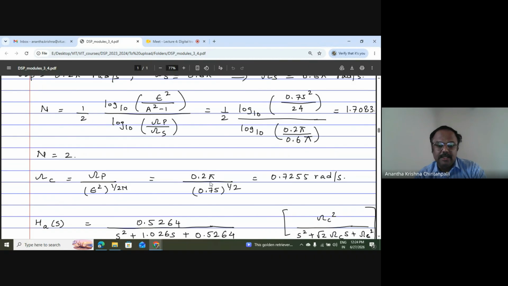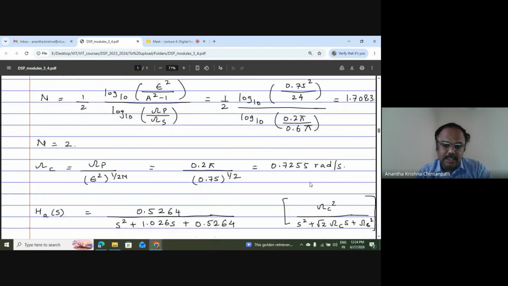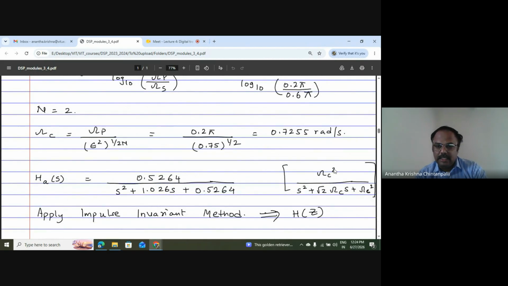So omega p is nothing but 0.2 pi, and this is 0.75 to the power of half. Then I'm going to get this value. Now this is the filter. H of s takes this form. Wherever I see omega c, substitute 0.7255. Finally you are going to get this answer.